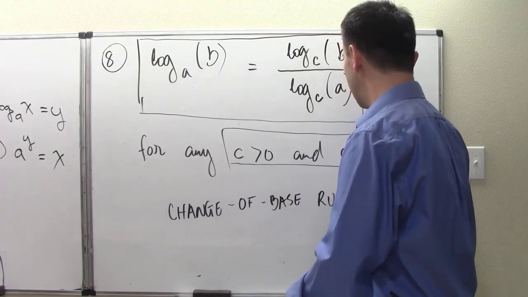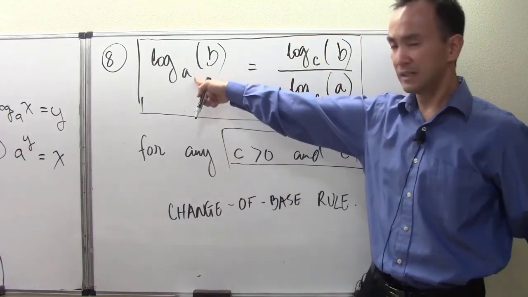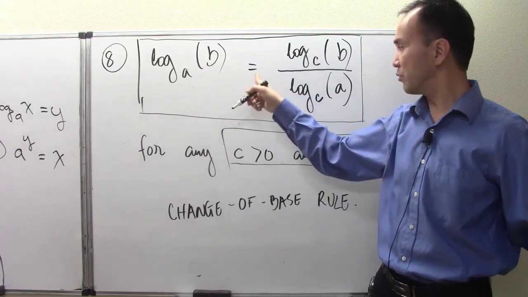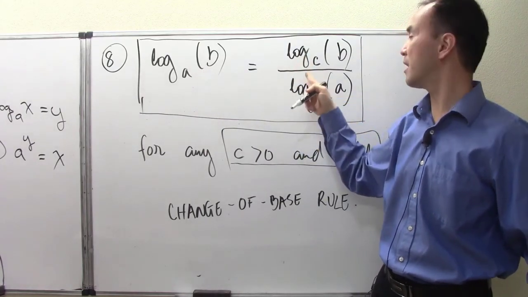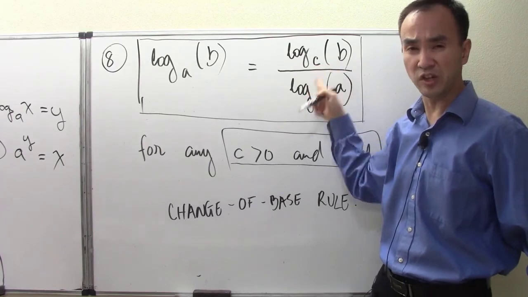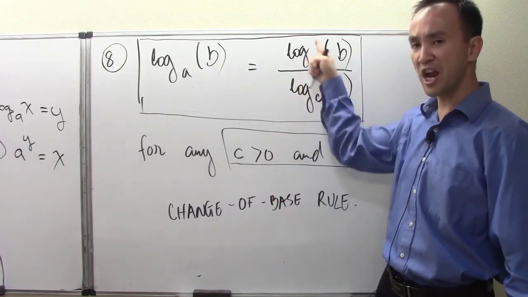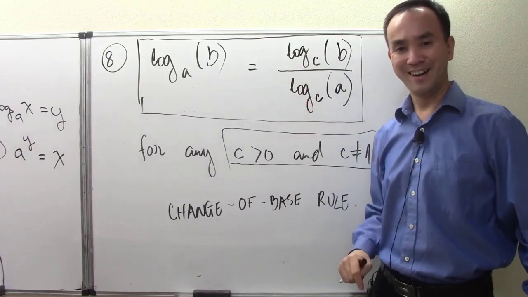The rule that allows us to change from logarithm base a of b into an entirely brand new problem, log base c of b. We change to a completely different base. We have our right of doing that, but we have to do it under this rule, the rule to change base.